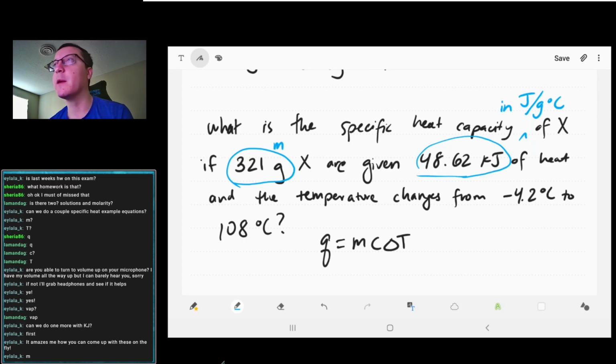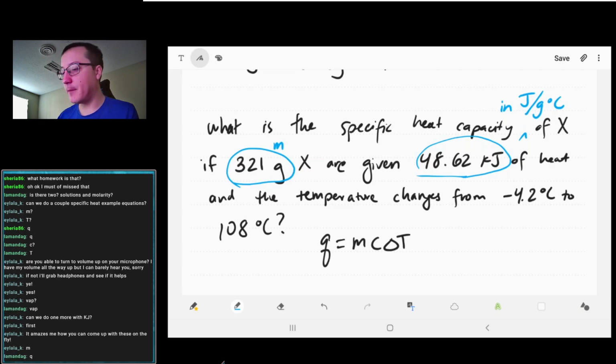What is the second number going to be? Which letter is heat? Yeah, exactly. That's Q. And then we have the temperature changes, right? So that's T initial and T final.